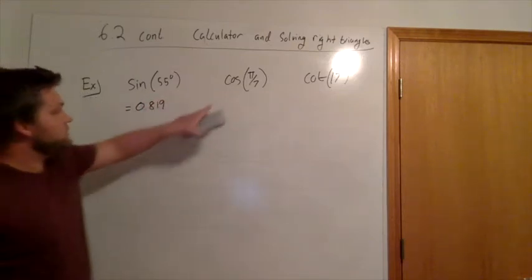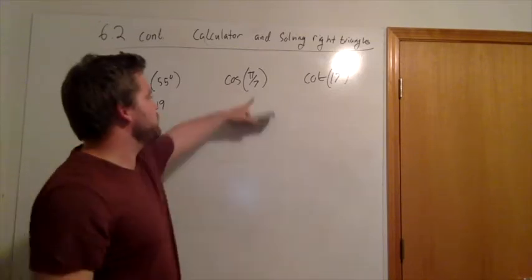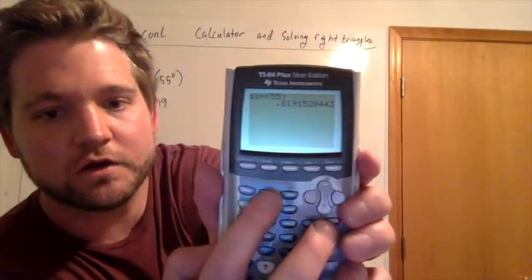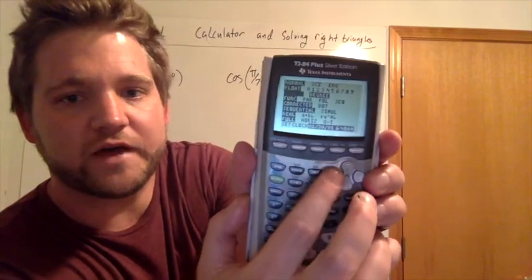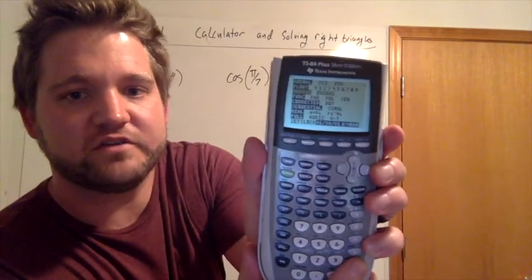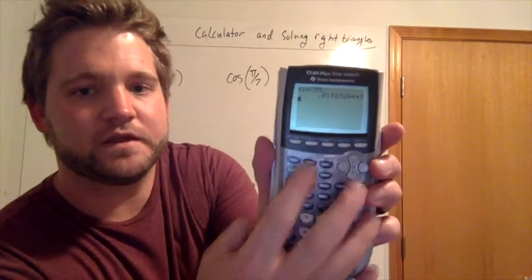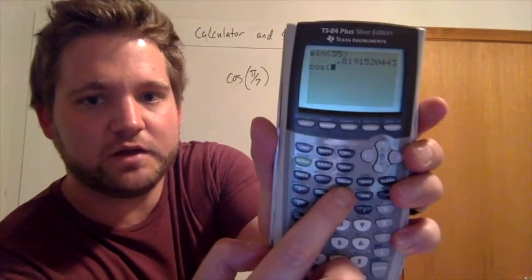Okay, let's say I want to find cosine of pi over 7. Now we're working in radians, so we need to switch into radian mode. We'll push mode, go down, scroll over to radians, and hit enter. We're in radian mode, so we'll hit second quit. Now we push the cosine button.